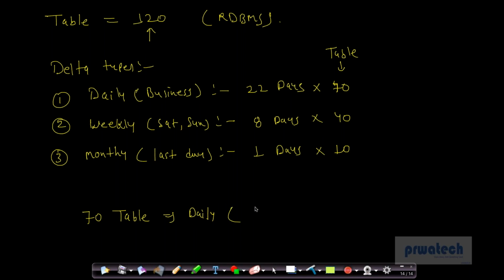Suppose every table is extracting 3.9 GB of data. So 3.9 GB of data is coming from one table, and for 70 daily tables we multiply 70 into 3.9 GB. The unit is GB. Let me use the calculator.